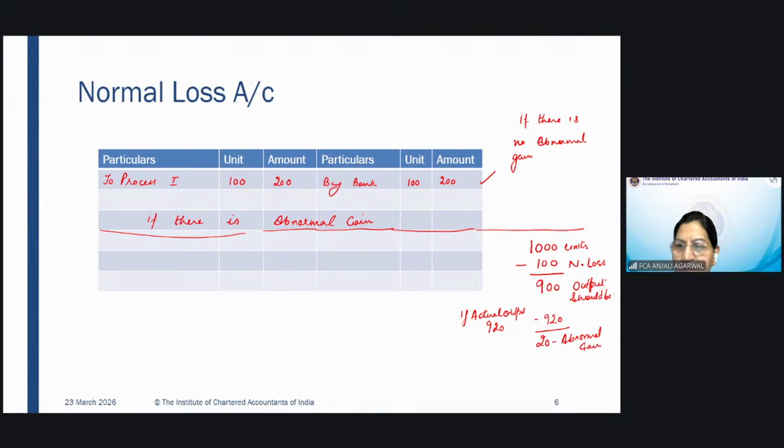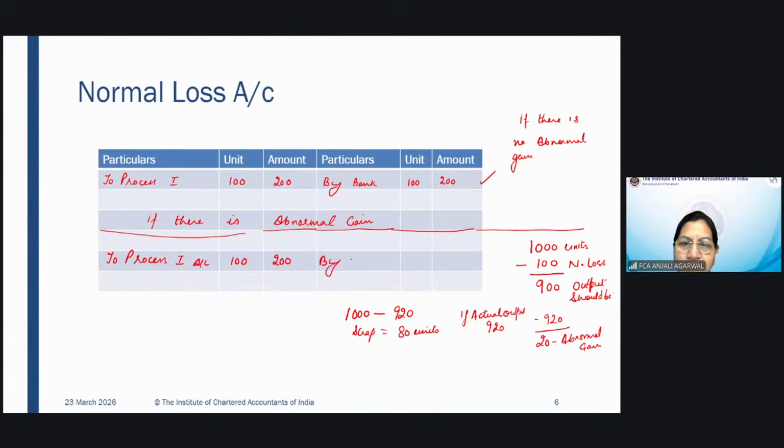Now, if you look in totality, if you have introduced 1000 units and the output is 920, that means the units which you have as scrap is only 80 units. But the debit side will remain same, process 1 account. 100 units were debited in the process, should have been the normal loss, and they should have realized 200 rupees.